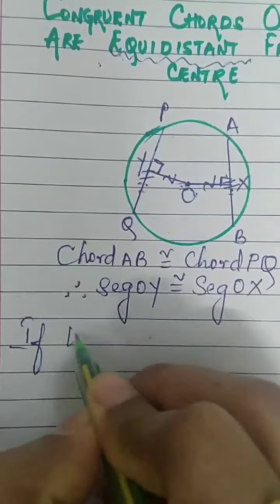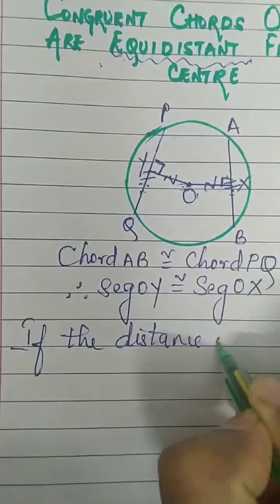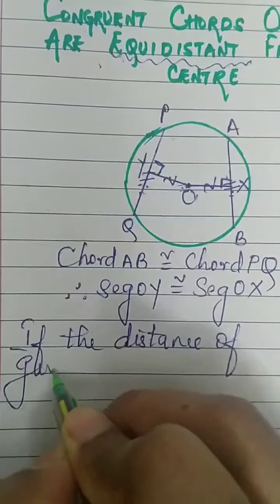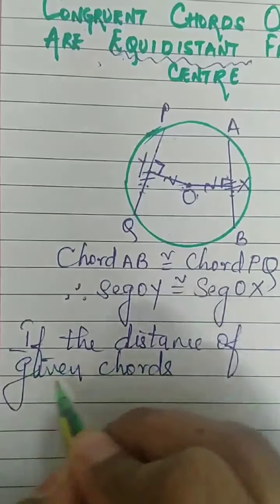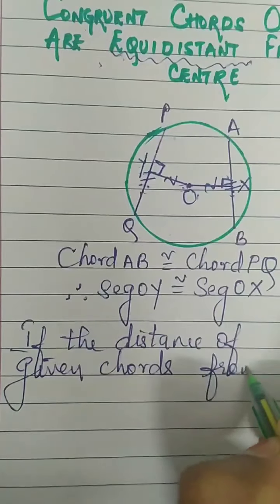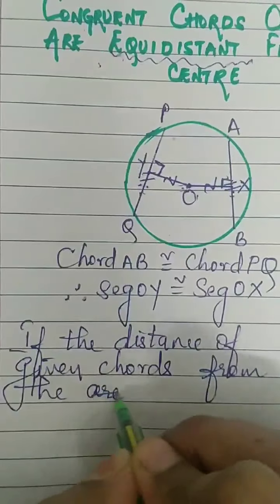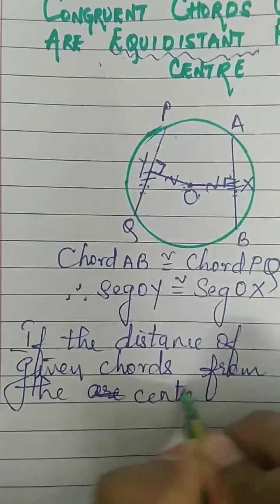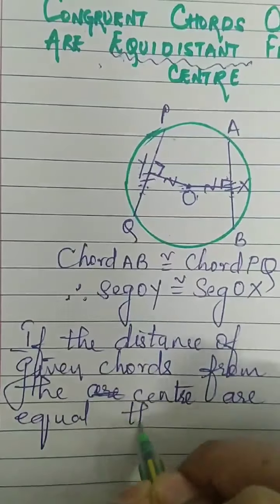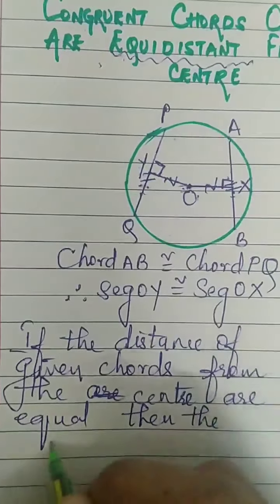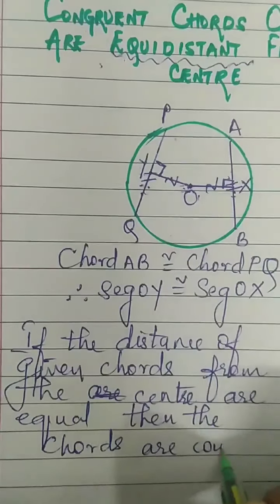If the distance of given chords from the center are equal, then the chords are congruent. Just opposite.